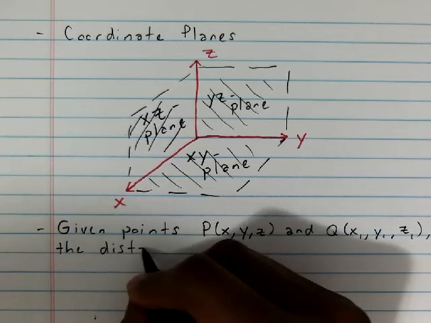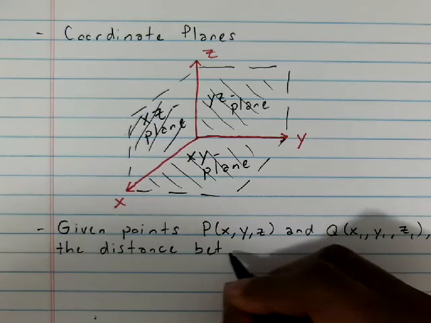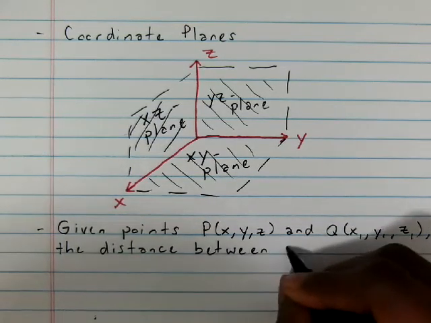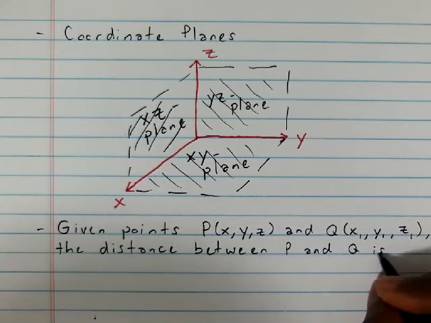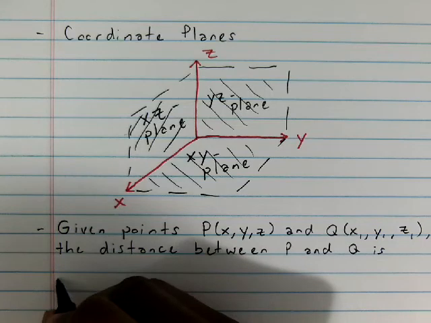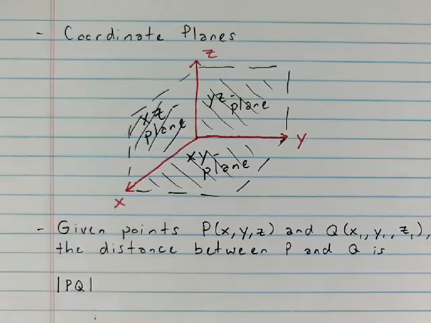The distance between P and Q is, so we use this notation. It looks like absolute value.